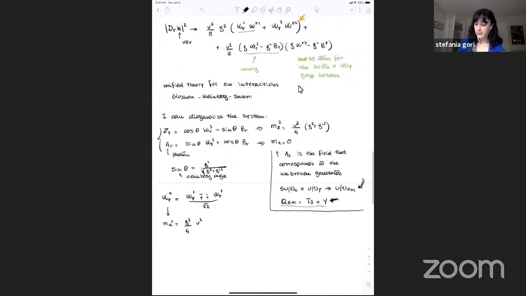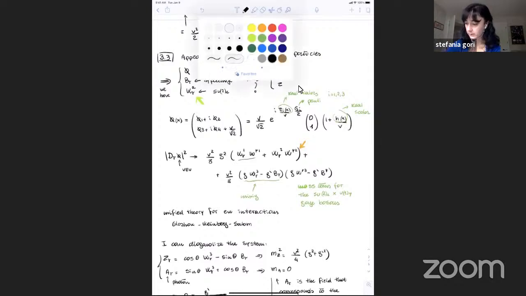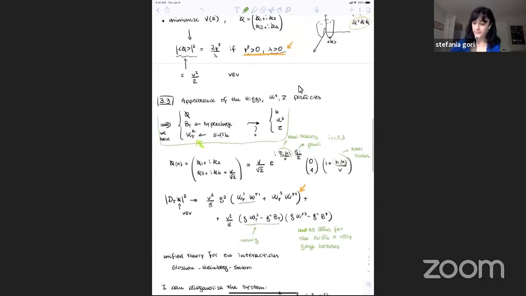So going back to our initial cartoon, what happens is the following. In terms of number of degrees of freedom, we're starting with 4 degrees of freedom for the Higgs field.